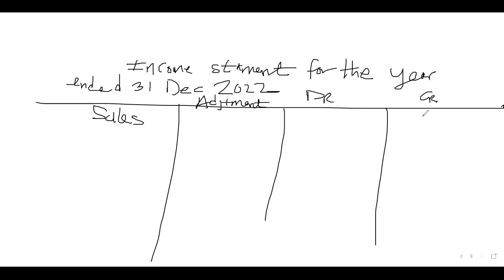So we are going to record here sales. Then we are going to have opening stock, the stock that you start the business with. You record it here, opening stock, then add the purchases.